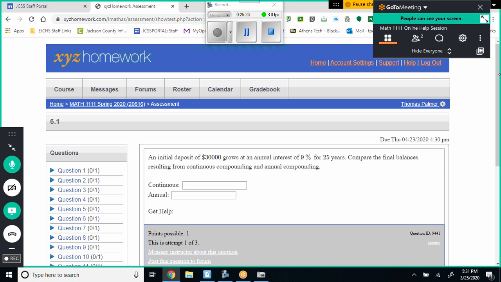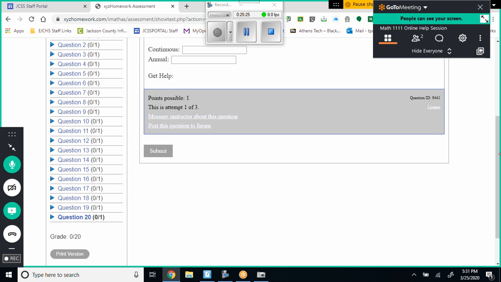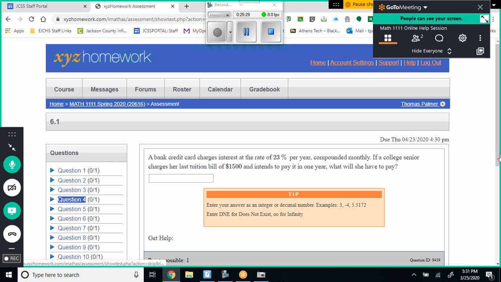Yeah, that's continuous and everything. We need to do one that's compounding.